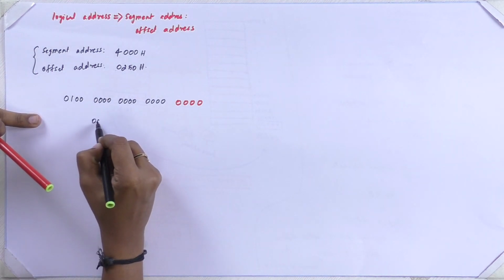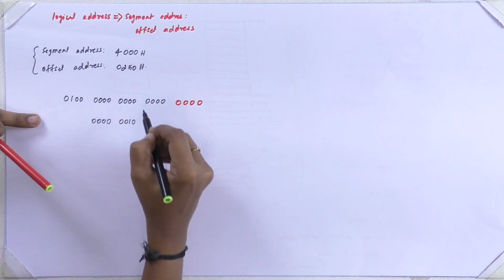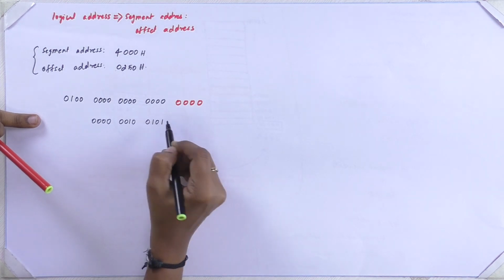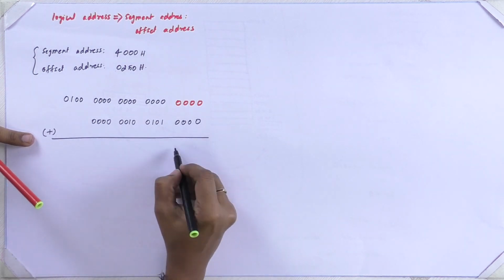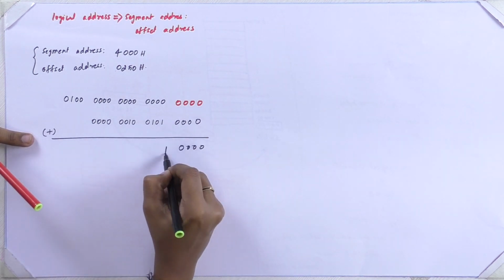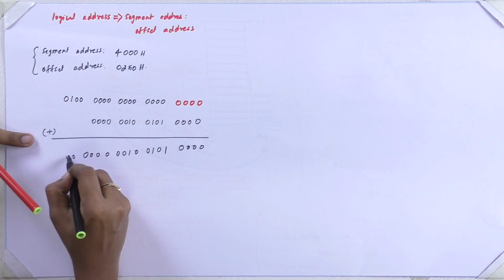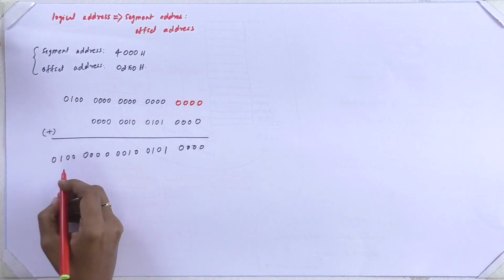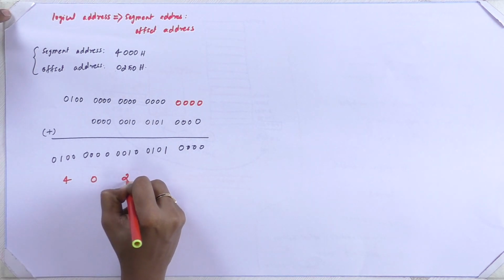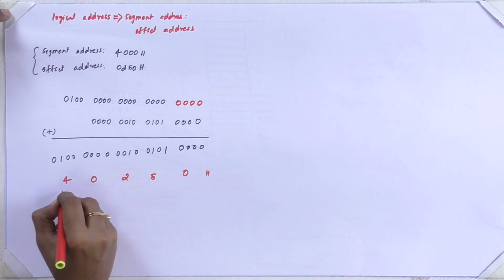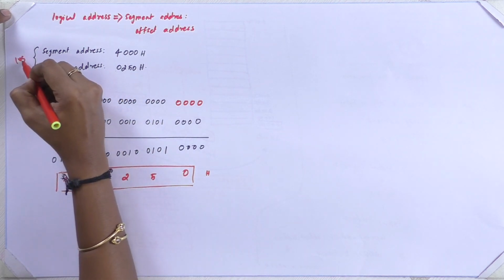If you add these, you get the corresponding physical address, which will be 40250H. So this is the corresponding physical address for the given logical address 4000 : 0250.